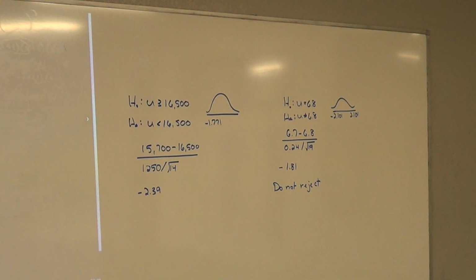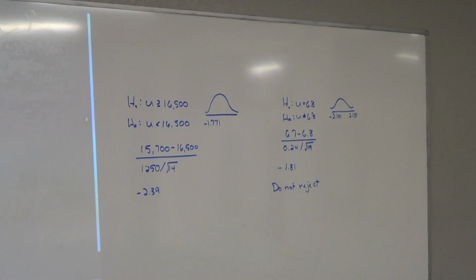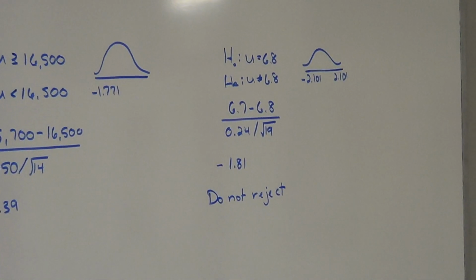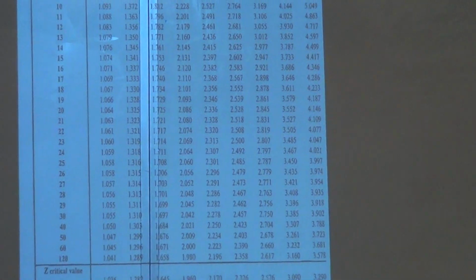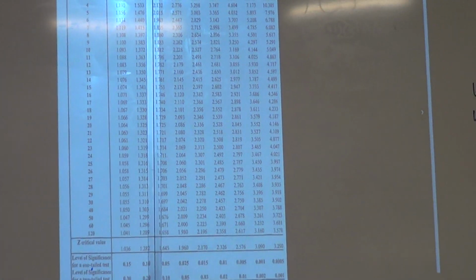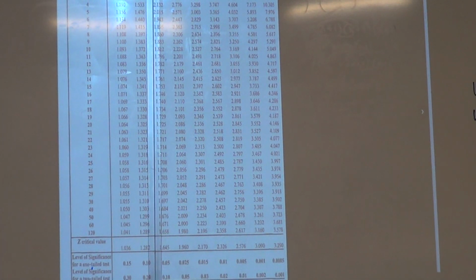On the second problem, the industry claims that the mean pH level of water nearby is 6.8. If it says it equals 6.8, it's a two-tailed test, and that's where you see that I got equal to over there. The next thing is test it, and I'll go to our critical values. We're using a t-score now. The sample was 19 water samples at 0.05.